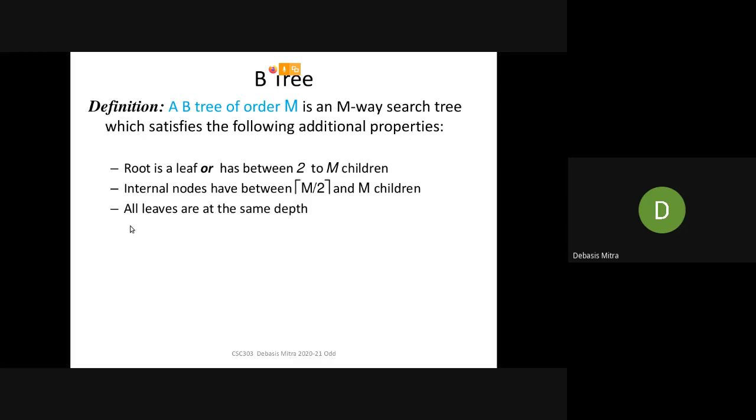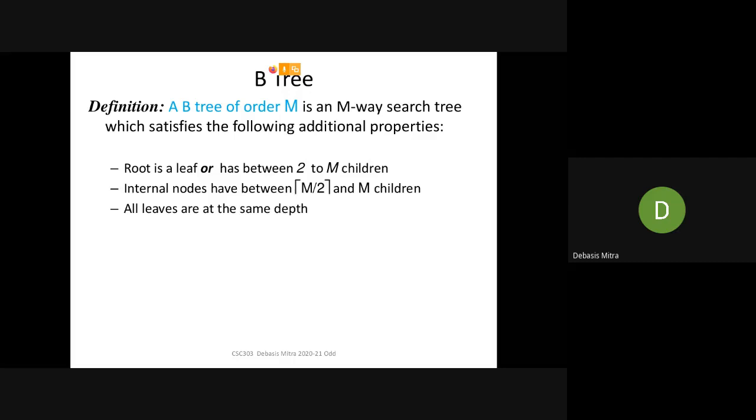When you are forcing that all leaves are at the same depth, that means you are actually allowing only fully filled trees. Are you getting my point? Consider a binary tree. If you ensure that all leaves are at the same depth, that means you are only allowing full binary trees.